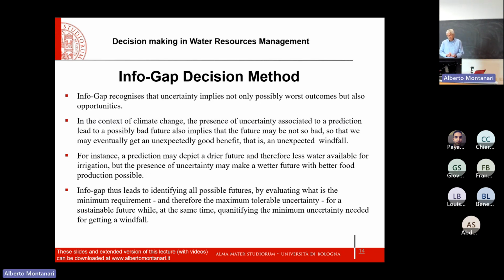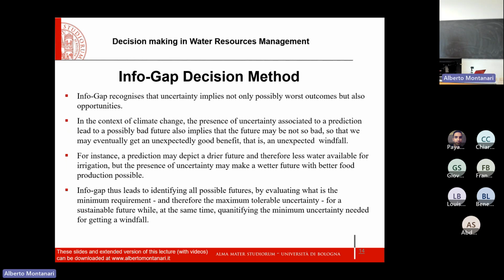So instead of looking first at an estimate of uncertainty, and then, once uncertainty is estimated, evaluating the possible outcomes, InfoGap takes the other way around. It evaluates all the possible outcomes and identifies the maximum level of uncertainty which we can tolerate to make sure that the future is sustainable.